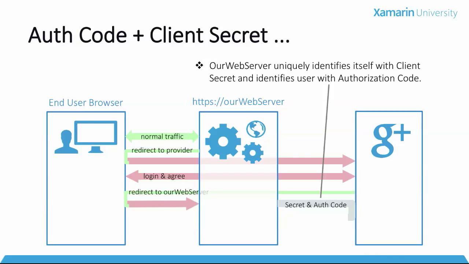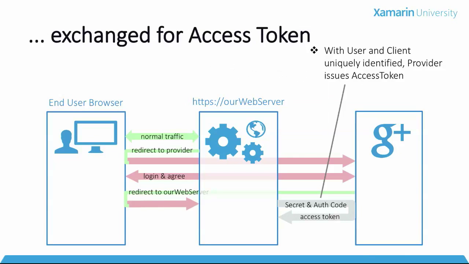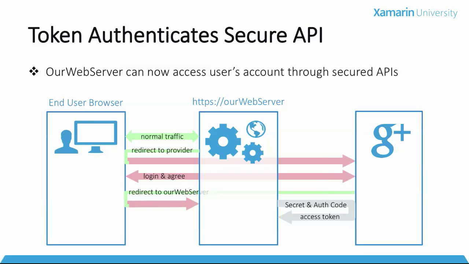So the access token that we get back can now be used to identify both user and client application. And with that, we're now able to access those secured APIs, and Google's able to identify exactly who's doing it, both the user and the client application.